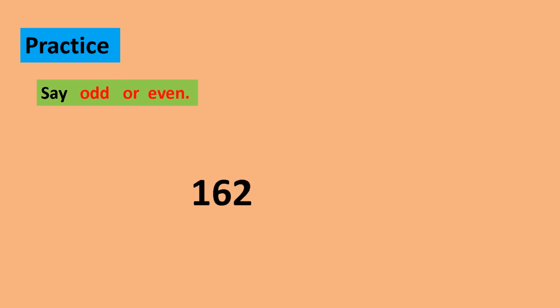And then how about this one? It is an even number because the digit in the ones place is 2. This one, it is an odd number because the digit in the ones place is 5. And this one, odd number also because the number in the ones place is 7.